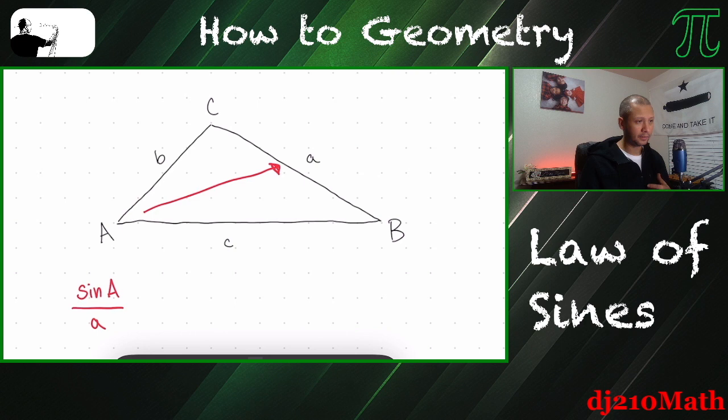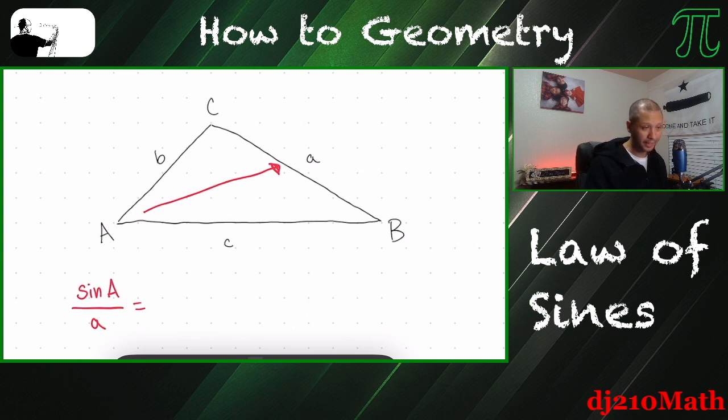So we can take the sine of A and put it over the side length, little a. Or vice versa, right? You could put little a on top and sine A on bottom. It truly doesn't matter. But what law of sines says is that the relationship between all three angles and all three sides is exactly this. So it's going to be equal, like they're all going to be equal.